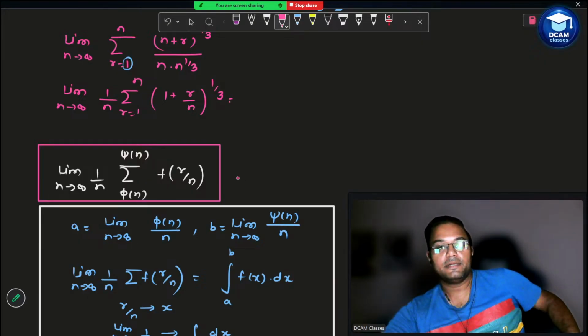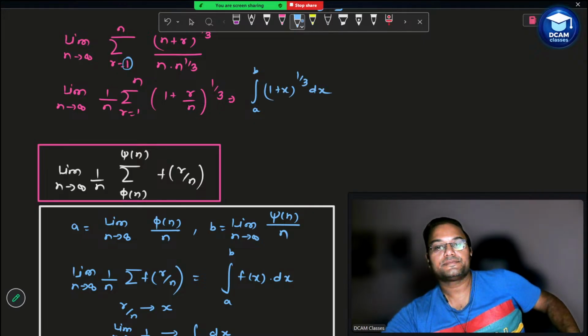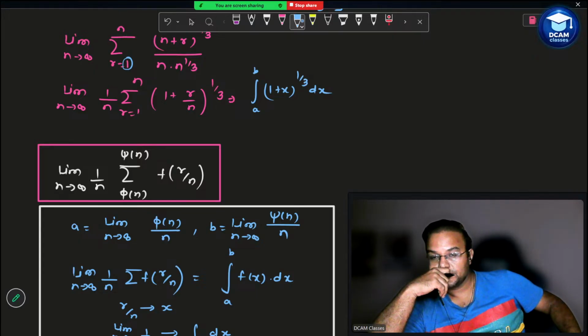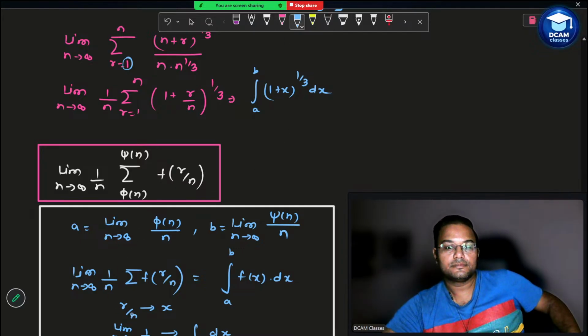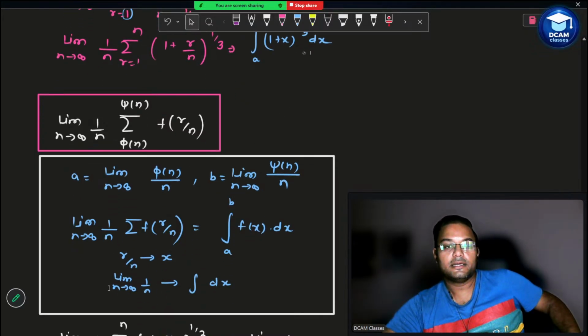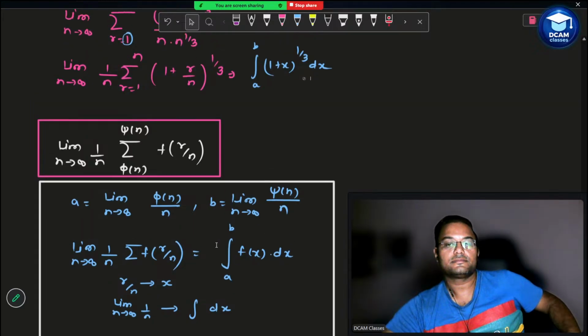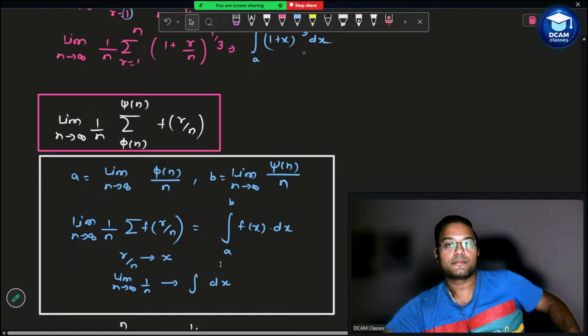It will be changed as integral from a to b of 1 plus x whole power 1 by 3 dx. r by n we have converted as x. Limit n tends to infinity we have converted as integral dx. Just observe it properly.